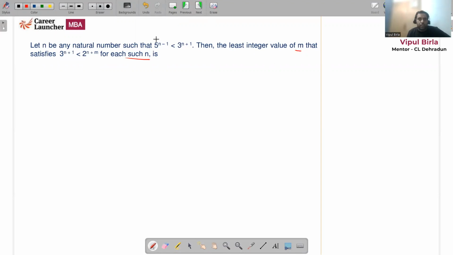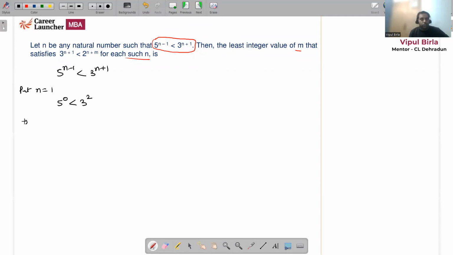First of all, let's identify for what values of n this expression is true. Since n is a natural number, 5 to the power n minus 1 is less than 3 to the power n plus 1. Put n equals 1: 5 to the power 0 is less than 3 square.